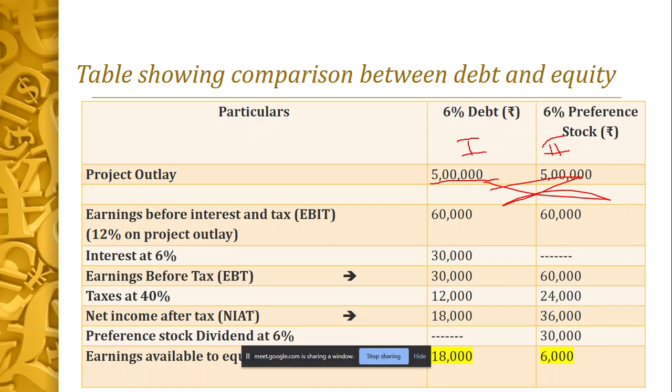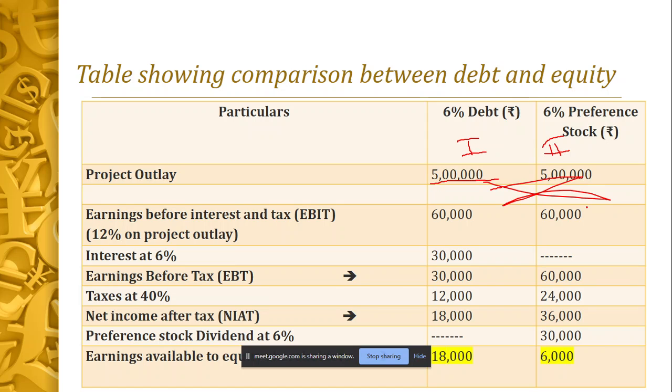In case of second scenario, since it is preference stock, we are not going to pay any kind of interest. What we are paying is dividend for a stock. It is not the interest. So in second case, there is no interest being paid. Therefore, the earning before tax in the first case becomes 30,000 and in the second case it becomes 60,000.